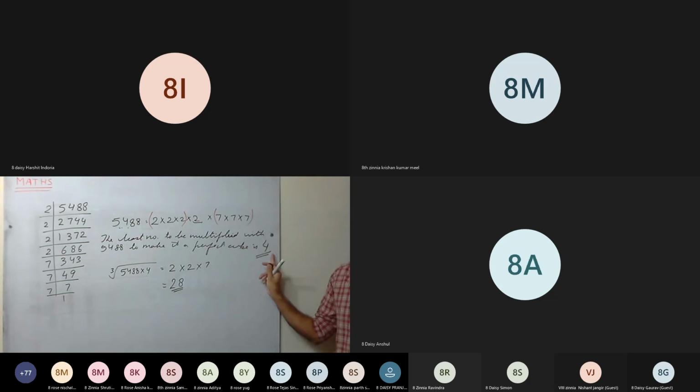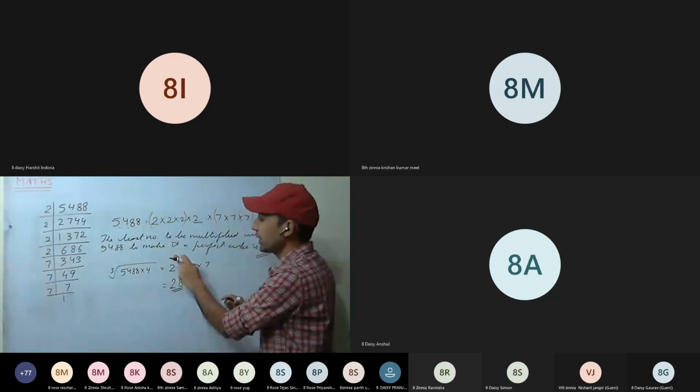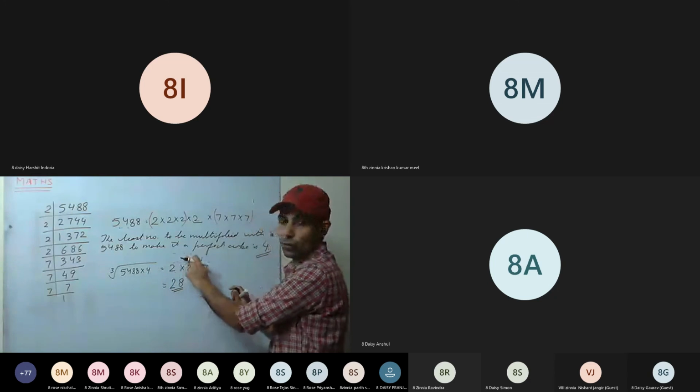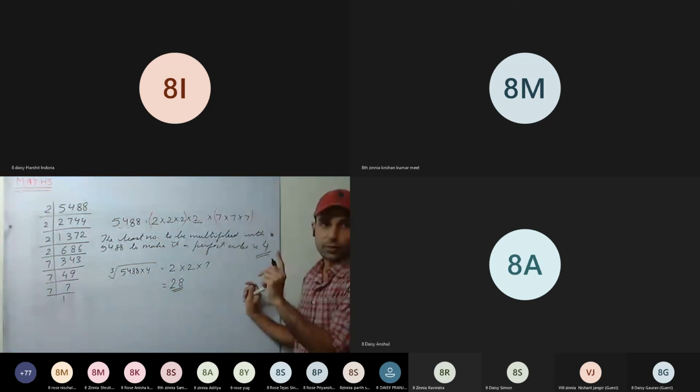This way you will write. Or you can simply write: the least number to be multiplied equals 4. This is fine. First answer we got.